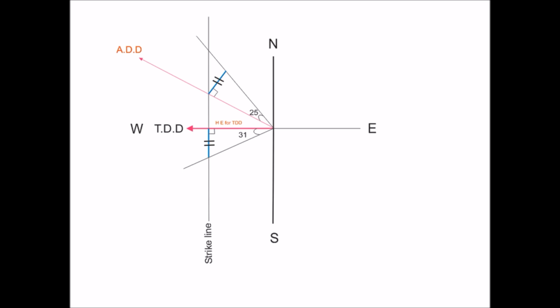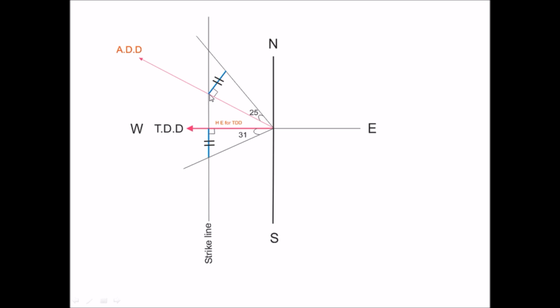So this amount is 25 degrees. We have drawn this amount, and at the point where this apparent dip direction cuts the strike line, that will be the point from where the h would be drawn.